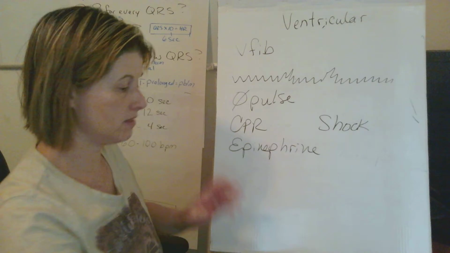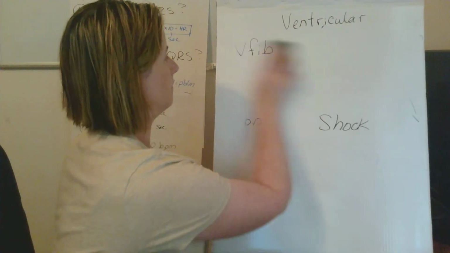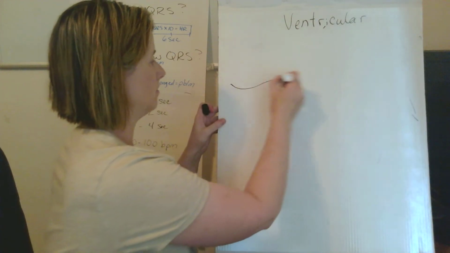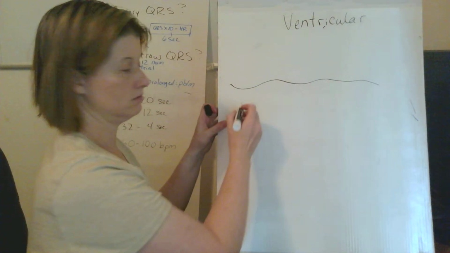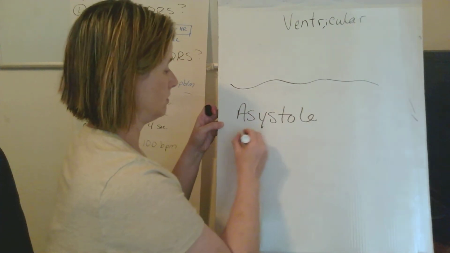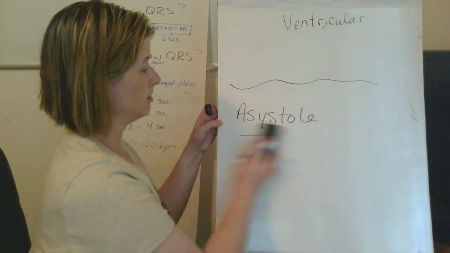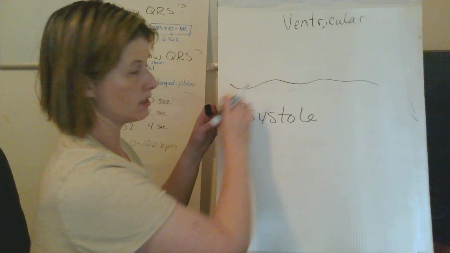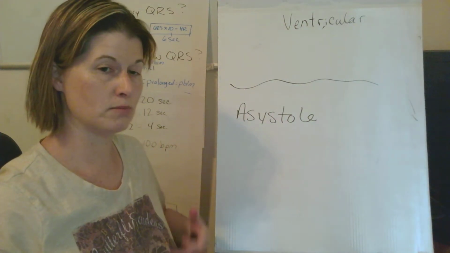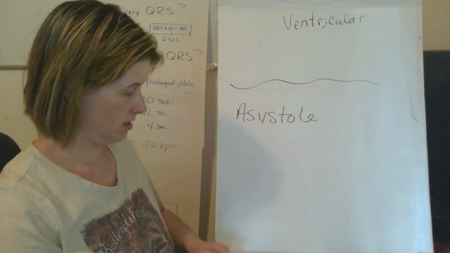Okay? And then the last lethal rhythm that's very important is asystole, or flatline. Now, it's not like in the movies where it is a straight line, okay? It's generally like this, because remember you're reading it through the patient's chest and the patient may be breathing on the machine.